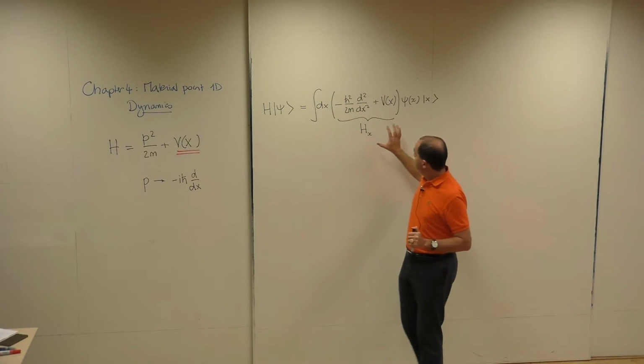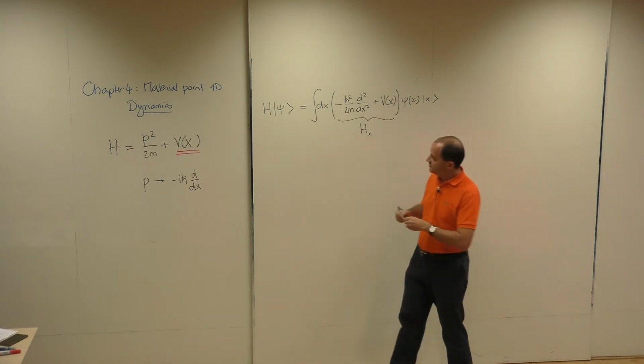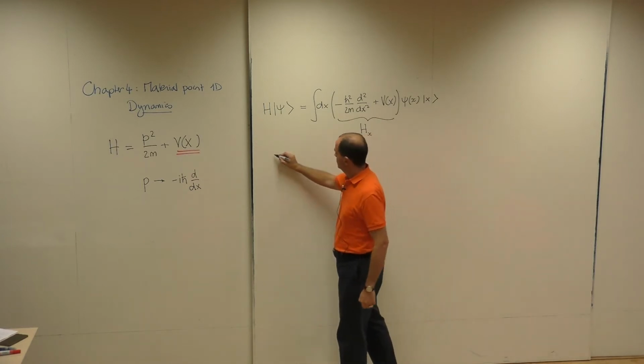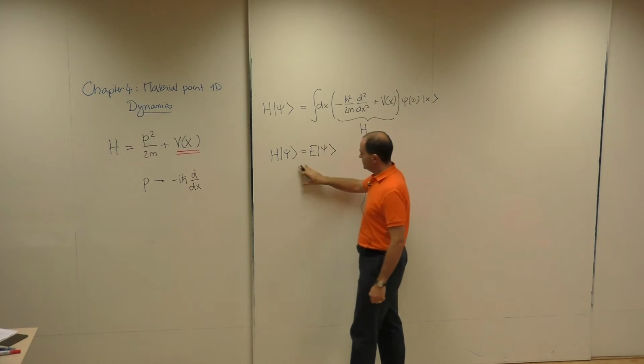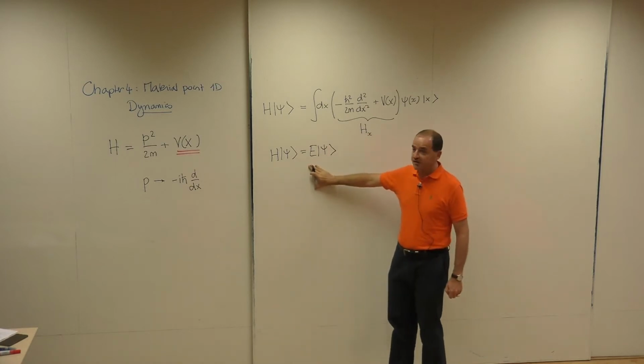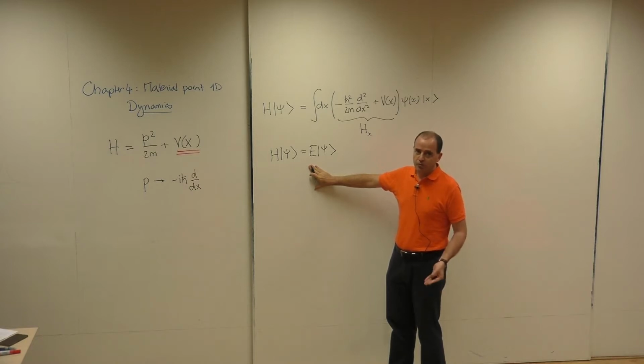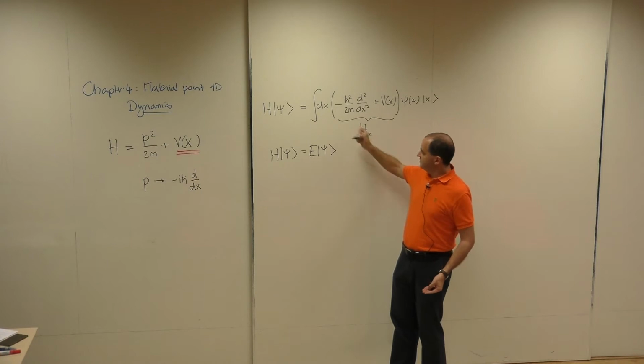However, the solution of this equation, H psi equal to E psi, that's the eigenvalue equation for the Hamiltonian, may not be feasible to find in exact form, not even with a computer, when the Hamiltonian is a differential operator.